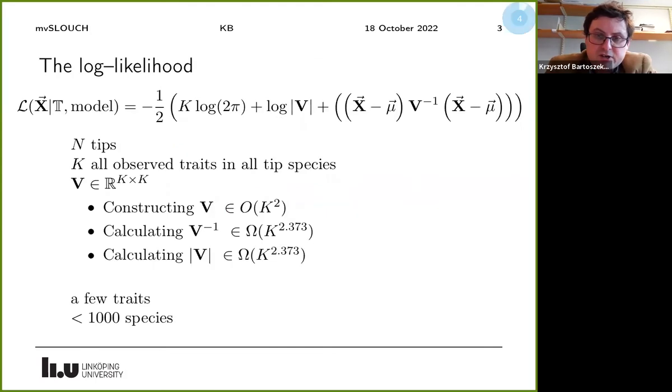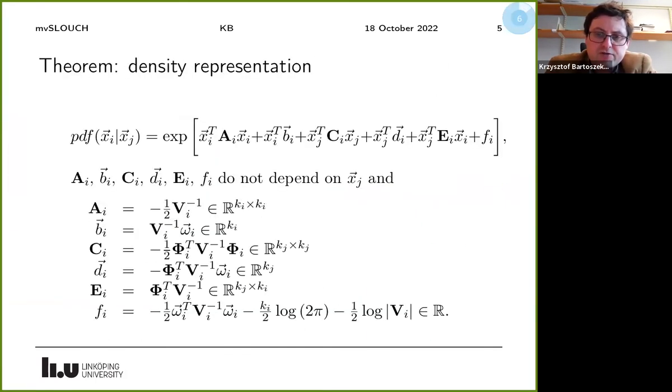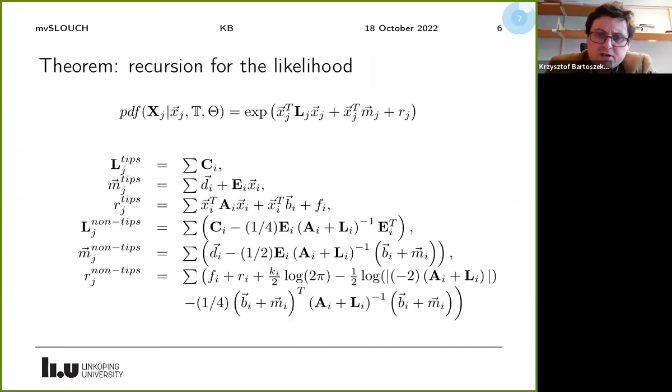From the perspective of this framework, it's completely irrelevant. All of these things are irrelevant, which were very important in previous implementations that are more biologically motivated, that had methods that worked only for ultrametric trees, that would not allow for missing values, and so on and so on.